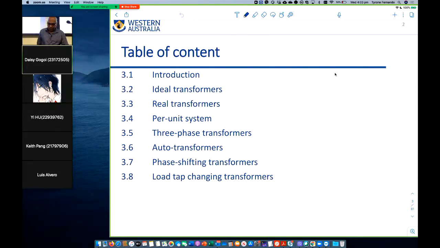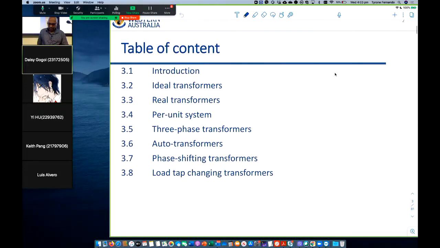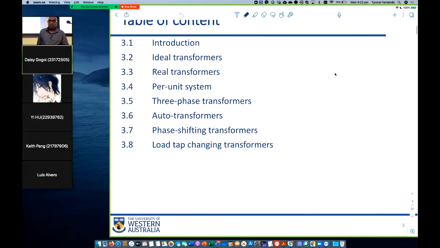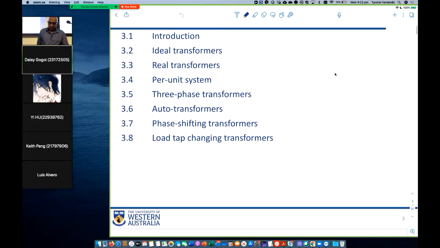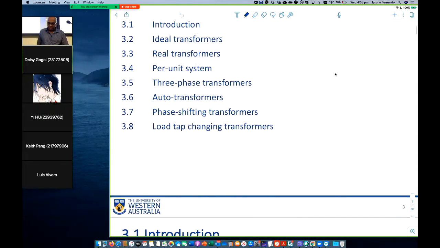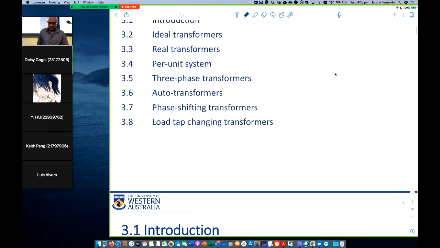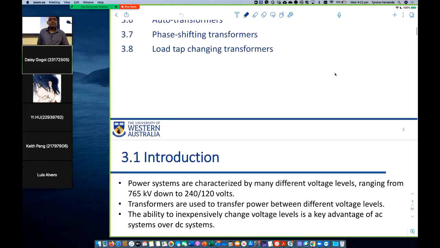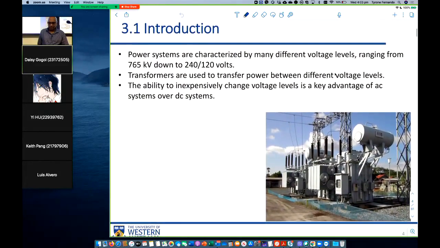Following a brief introduction, we're going to talk about ideal transformers, a more realistic model for transformers. We're going to talk about the per unit system. We're going to talk about three-phase transformers and briefly talk about auto transformers, phase shifting transformers and tap changing transformers. That's basically it.